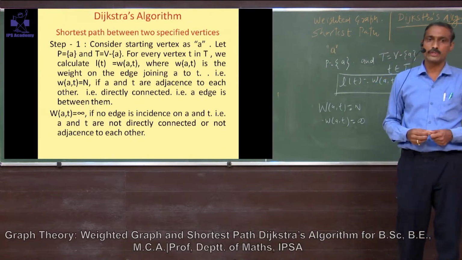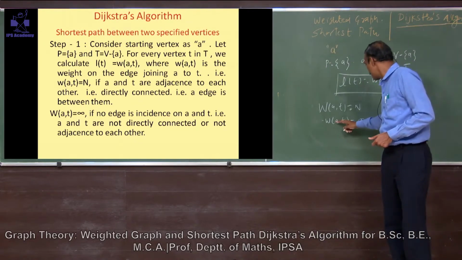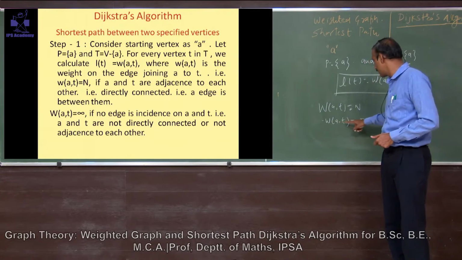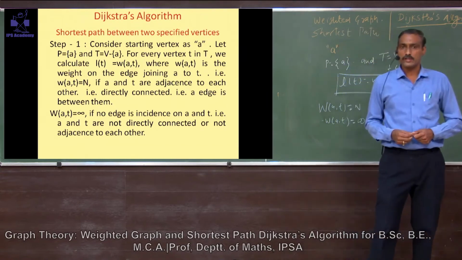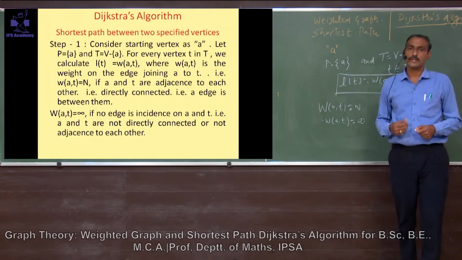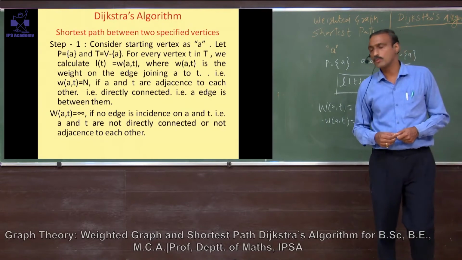If no edge is incident on A and t, that is, A and t are not directly connected, then we put infinity.